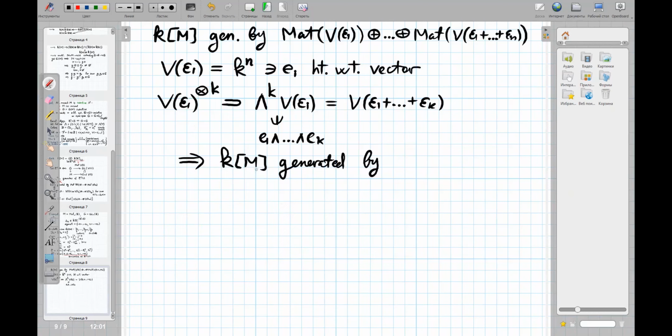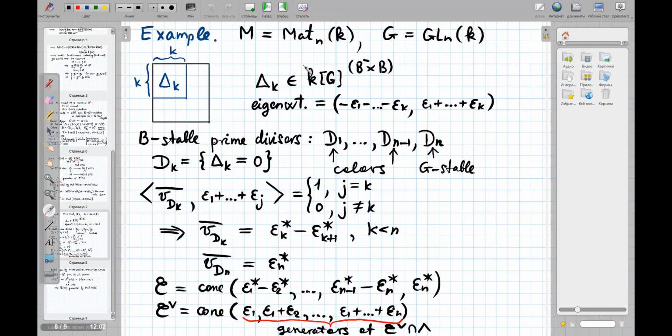The coordinate algebra of M is generated by the space of matrix entries corresponding to this single irreducible representation V of epsilon 1, by the previous discussion. Of course, this is obvious from the very beginning in this example, because the monoid of all n by n matrices has its coordinate algebra generated by the matrix entries of these matrices.